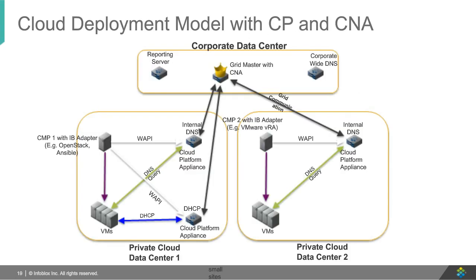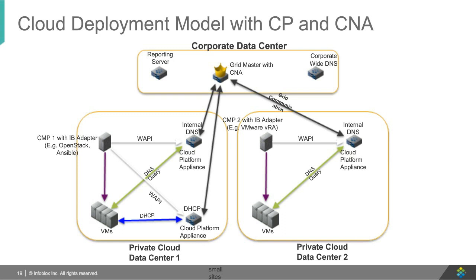This is a typical deployment model that we have with CP and CNA licenses. Normally you have your grid master running the CNA license deployed in your corporate data center that might be on-prem, and then you have one private cloud running in some location, and private cloud 2 running in a different location. In private cloud 1 you can have a different cloud management platform like OpenStack or VMware, and in the other one you can have a different one.